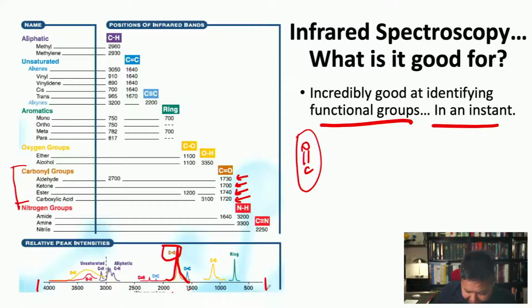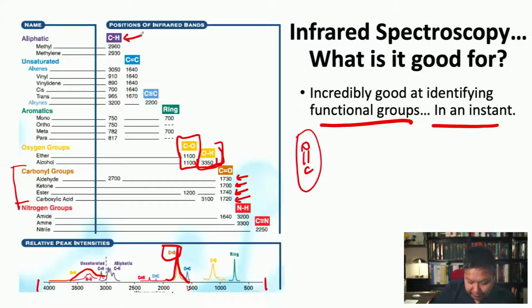Just a couple more examples here. We have OH here. If you have a big happy face, or in this case a sad face, because it's a peak here, over near 3350, you know you have an alcohol. Over at the 1100s, you know you have a single carbon-oxygen bond. And like you see, all these are listed here.